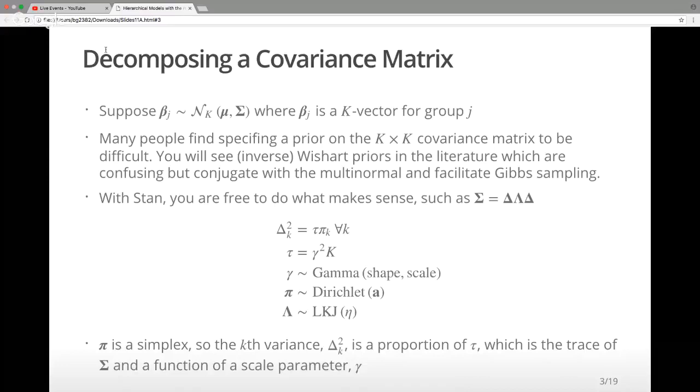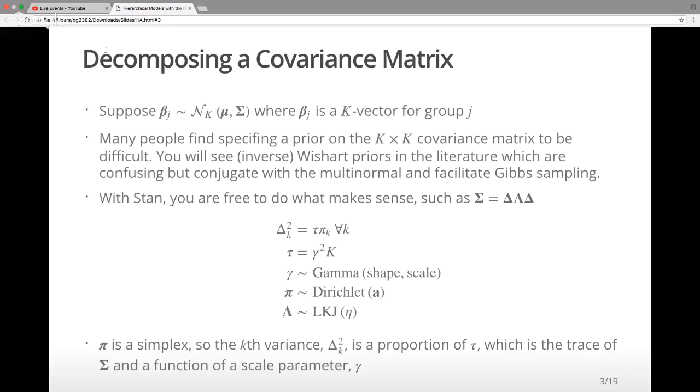And so just by specifying A is equal to a vector of 1s, then we can have uniform prior beliefs about pi, which again is going to be a maximum entropy distribution.